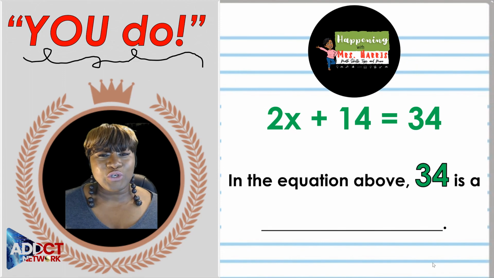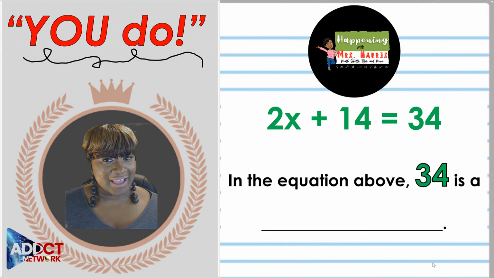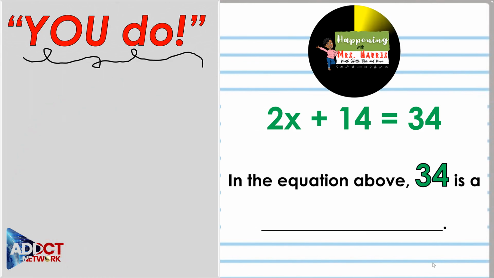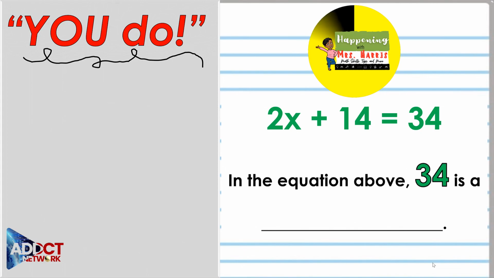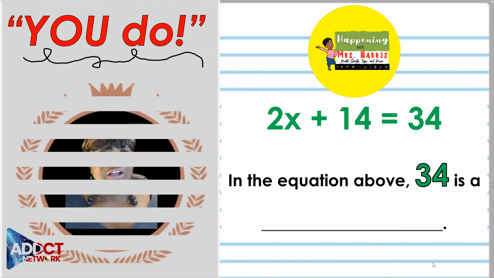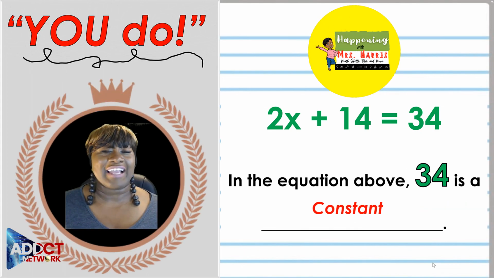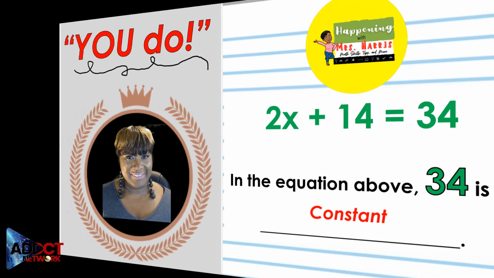Next question. 2x plus 14 equals 34. In the equation above, 34 is a... 34 is a constant. Super job.